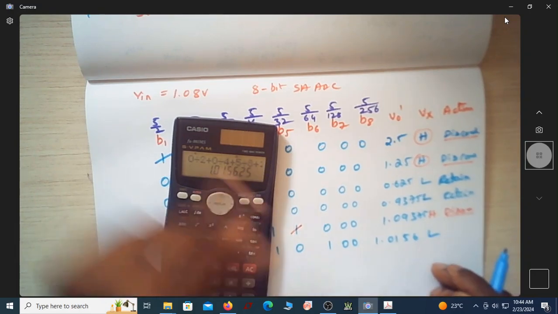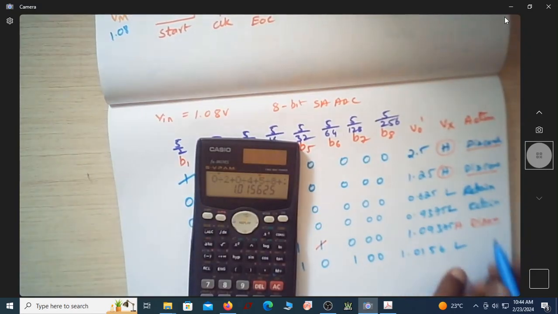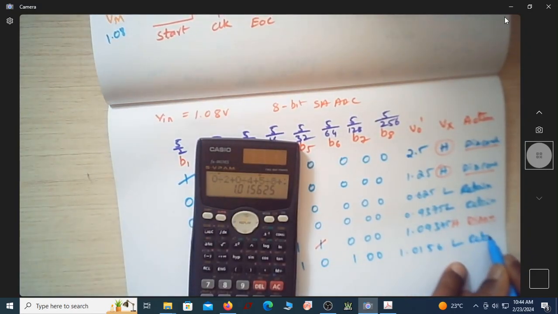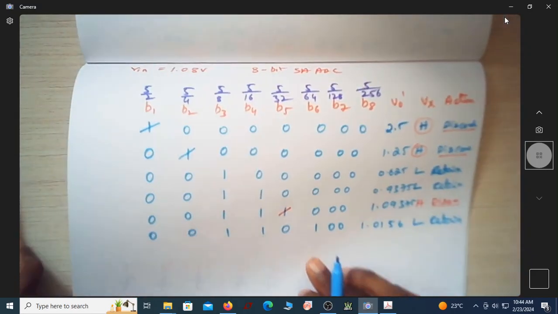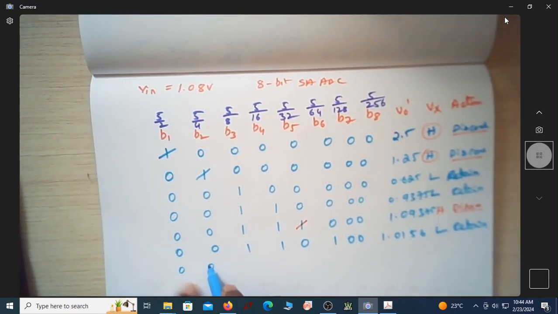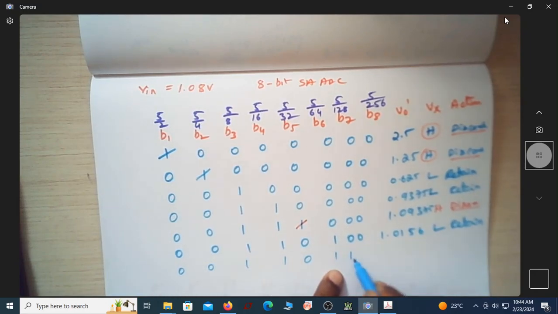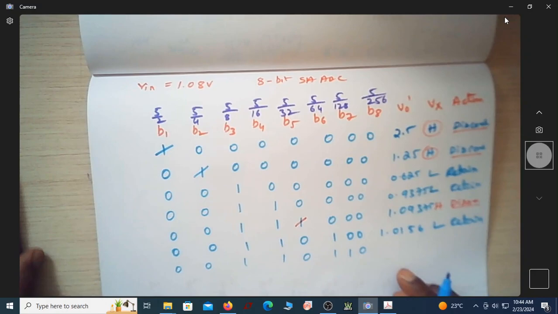Since the comparison of this 1.0156 with 1.08 is low, I'm going to retain. So I'm retaining this here. If I retain, the next bit would be 0 0 1 1 0 1. Make this also 1.